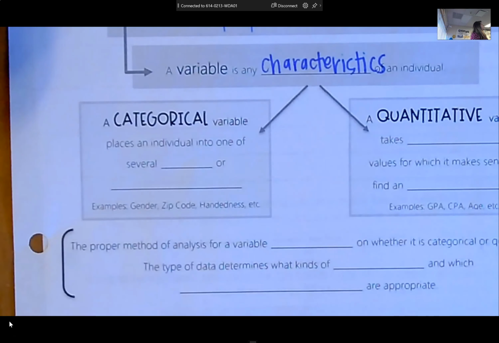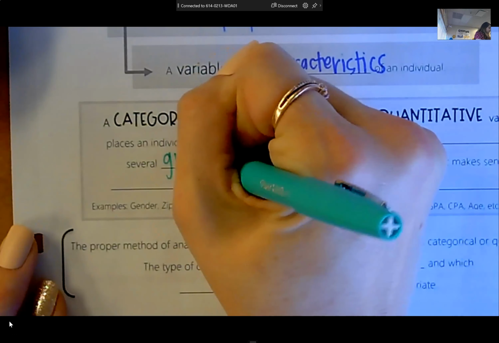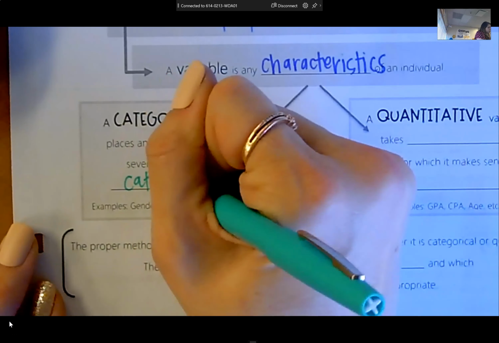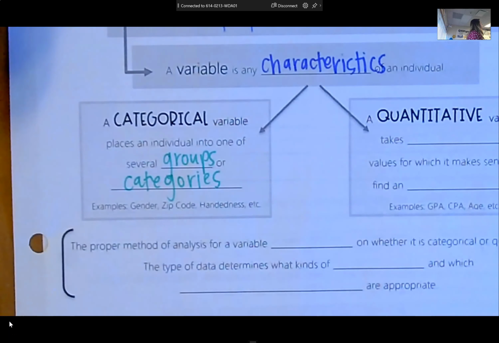Categorical variables place your individuals into one of several groups or categories. For my data that I ran this morning, you were placed into a group based off of your letter grade.